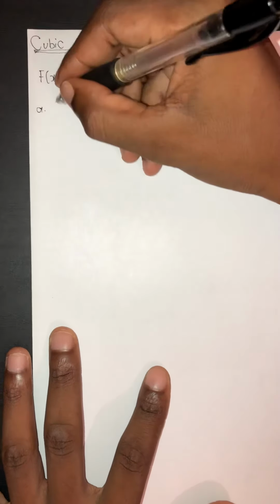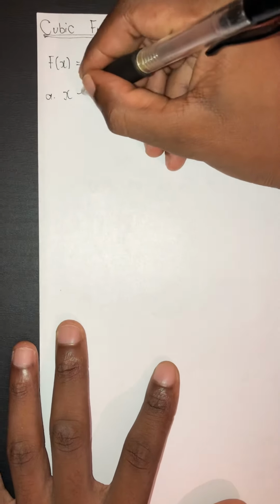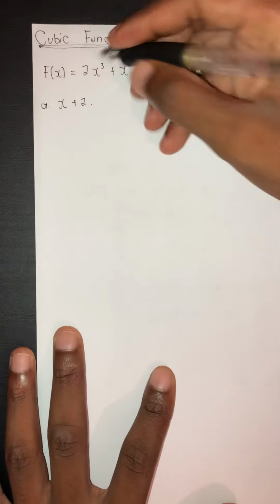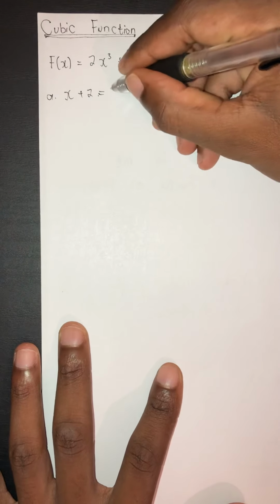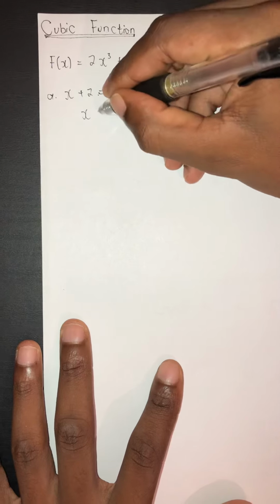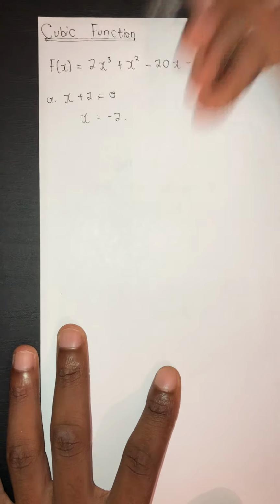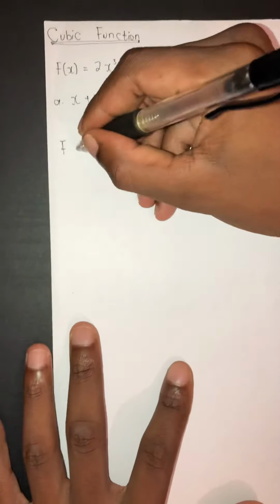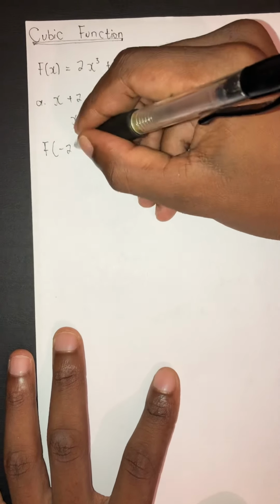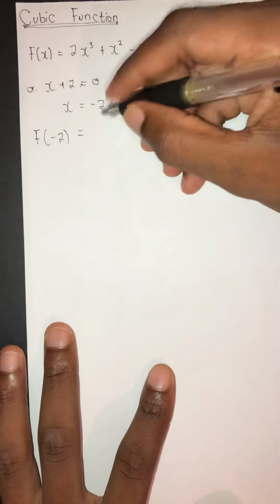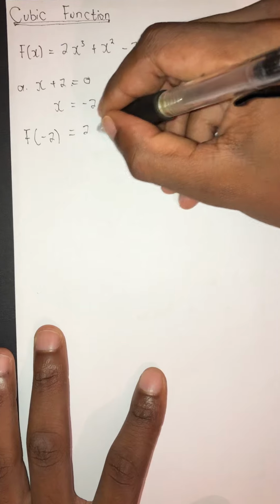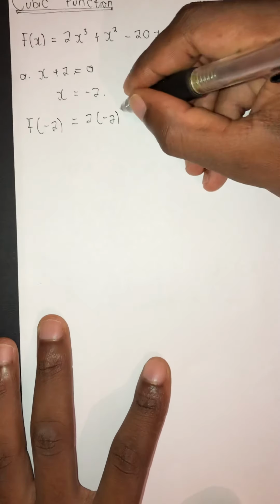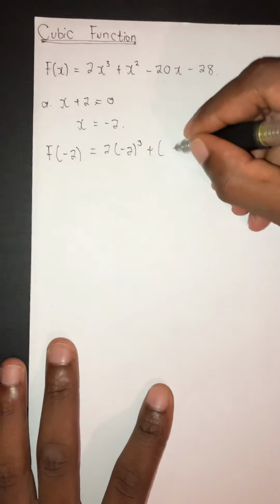Remember that when we want to show that x plus 2 is a factor, we take this x plus 2, set it equal to 0, and solve for x. We get x is equal to negative 2. Then we substitute that negative 2 into the original cubic function. If we get a 0, then it means it's a factor.